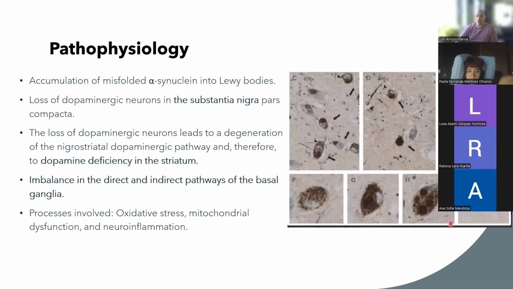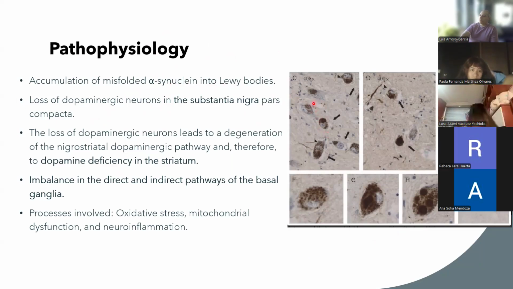So in the substantia nigra compacta, we have accumulation and misfolding of alpha-synuclein, okay? When we have aggregates of this alpha-synuclein, we will have something called Lewy bodies, these small rounded circles of protein, that generate the death of dopaminergic neurons in the substantia nigra.